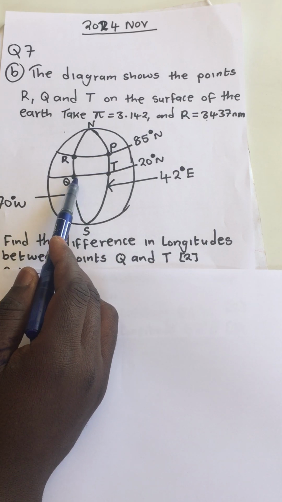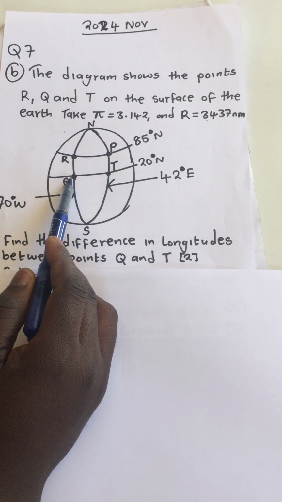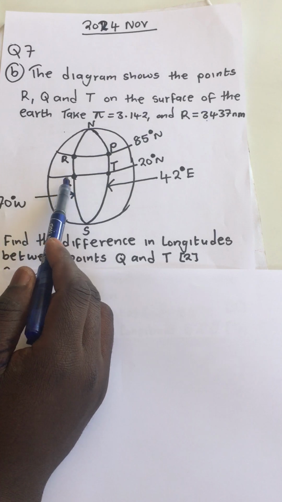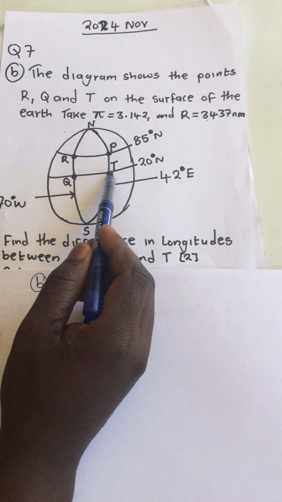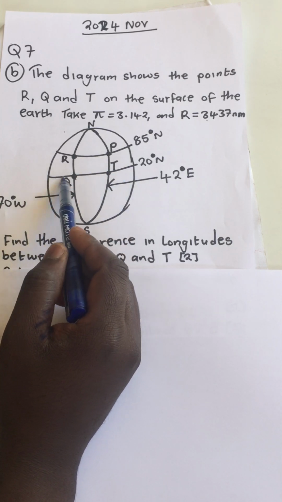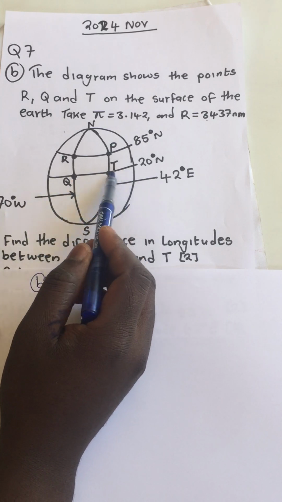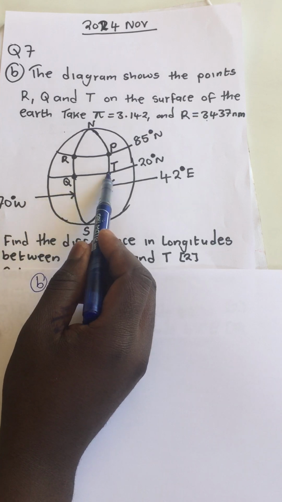It's here. Point T, it's there. Once you are finding the difference in longitudes along the points given, this is distance along latitude. So how do you find the difference? You add the longitudes for these latitudes.